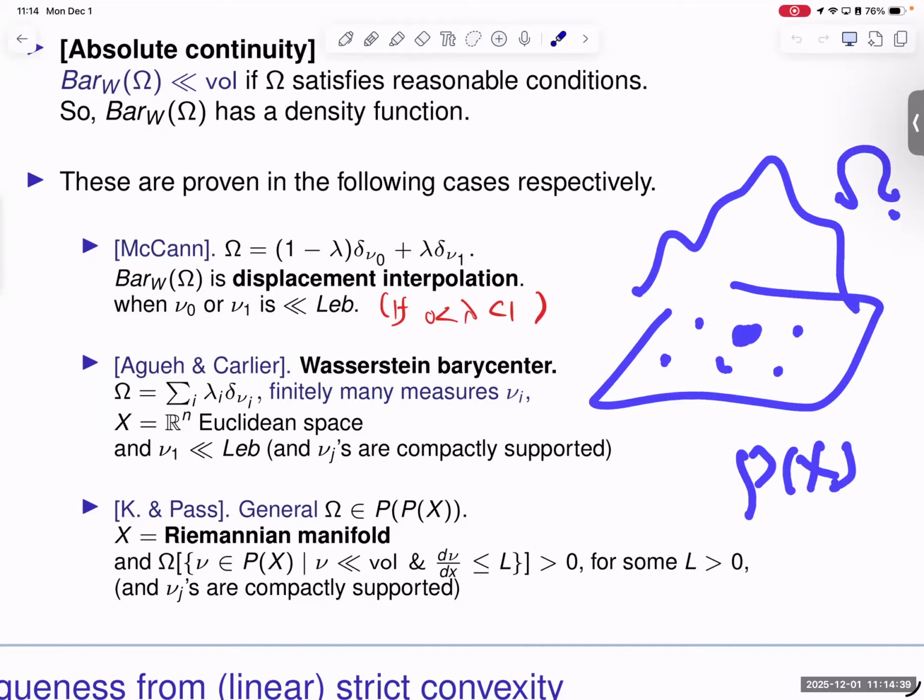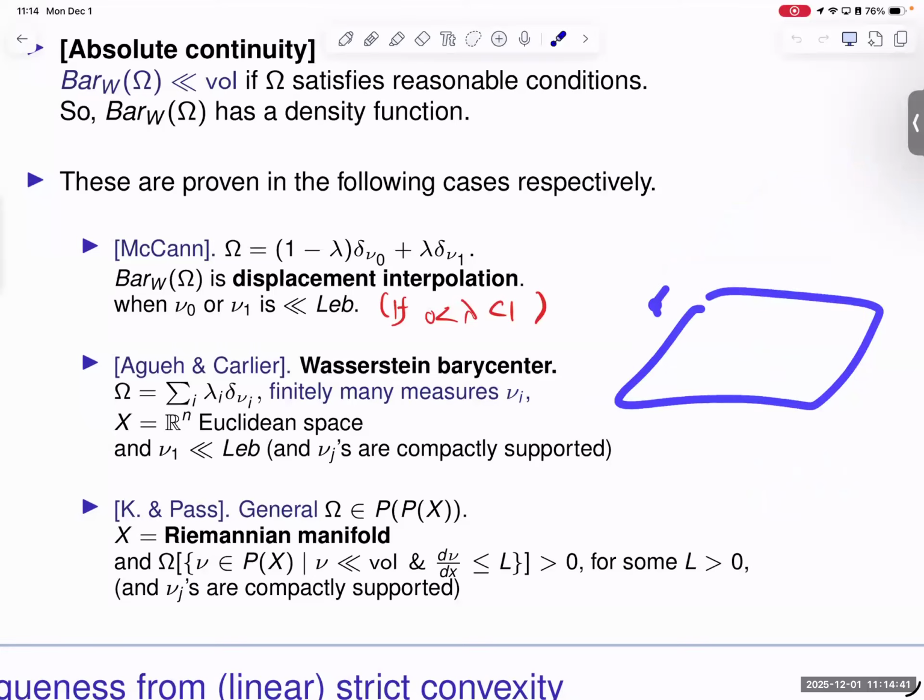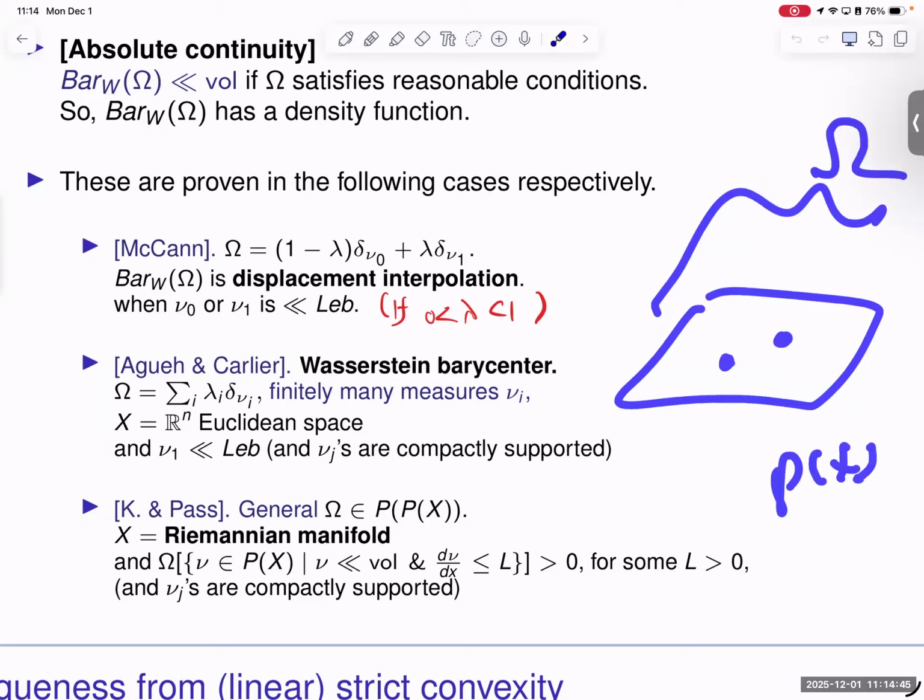But you can consider, for example, 2 points, then minimize the average distance between this 2-point distribution and this omega distribution.